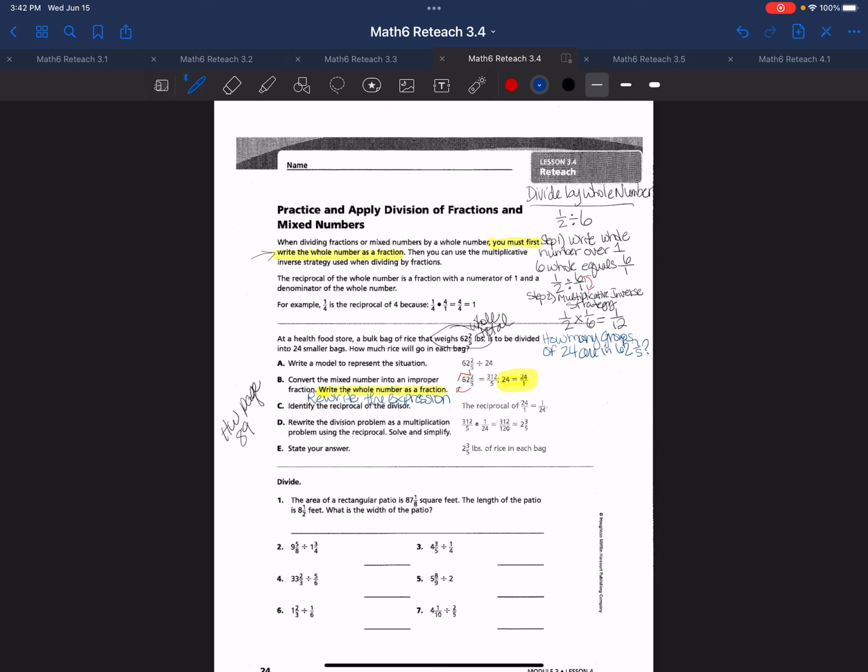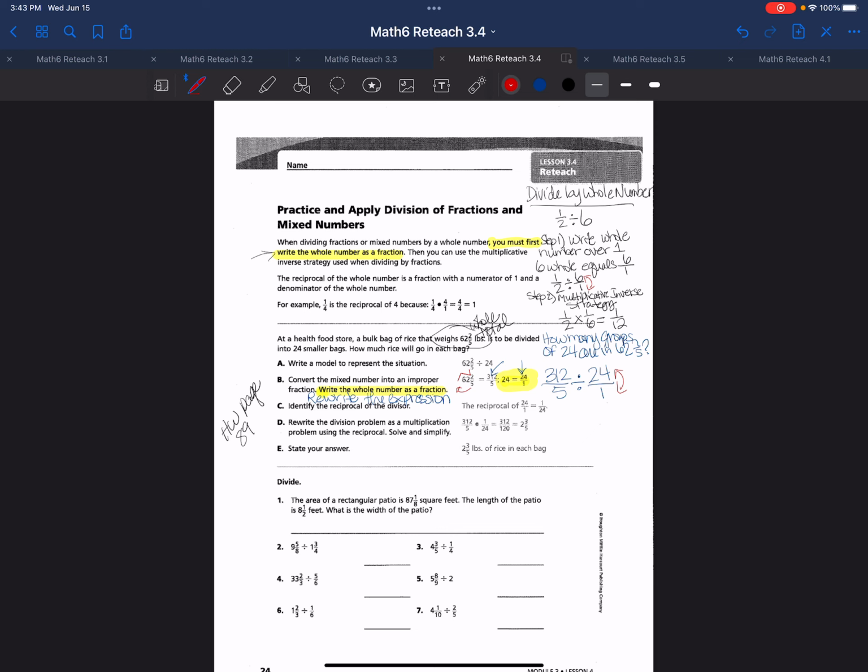So I would say we would use here, that's my improper fraction, 312 fifths is being divided by, and then here's my whole number over 1. C says identify the reciprocal of the divisor. So we know that the reciprocal of 24 over 1 will be 1/24.